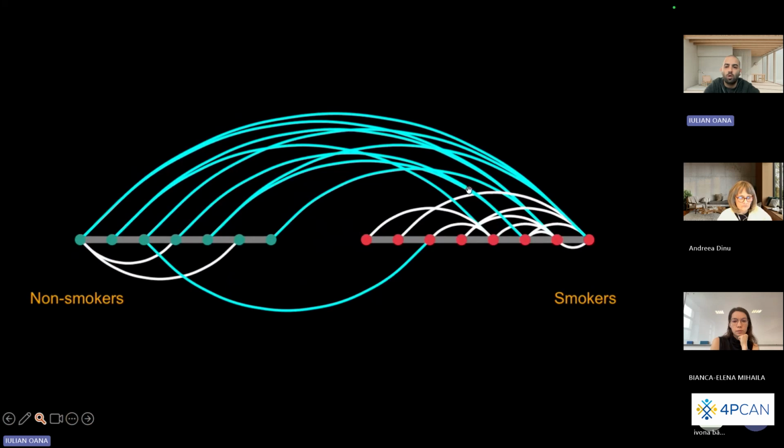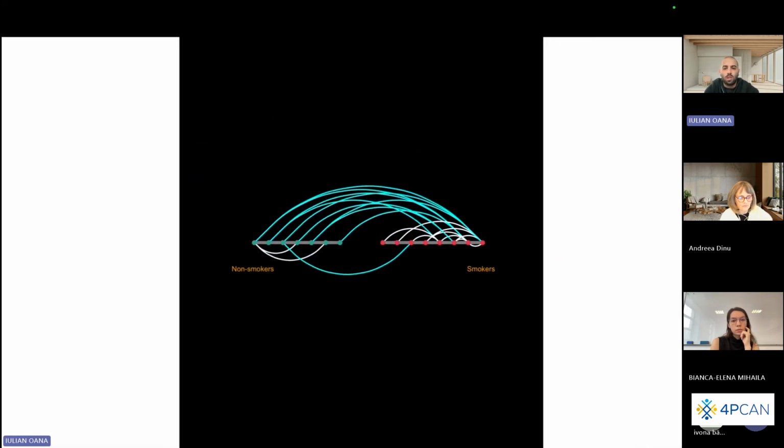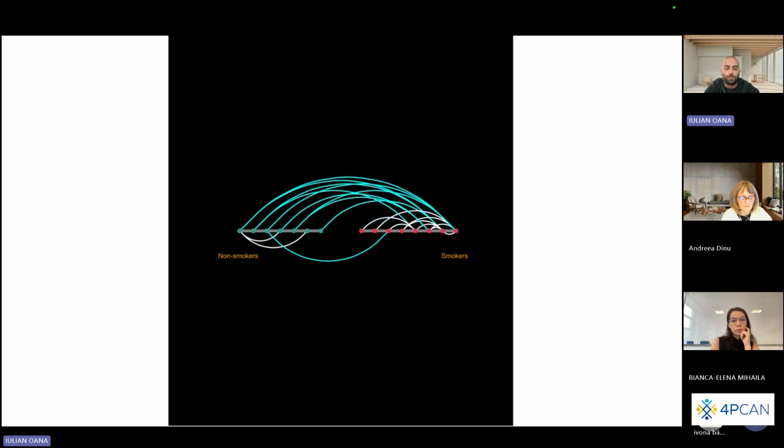With white, you see intra-cluster connections, so connections between smokers, connections between non-smokers, and with blue, connections which are cross-cluster, so between smokers and non-smokers. This is also a rational layout, because I chose how these nodes are placed, how the lines are placed, and all the other rules here.